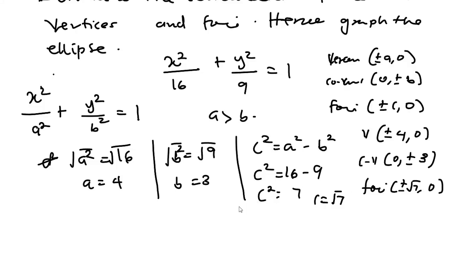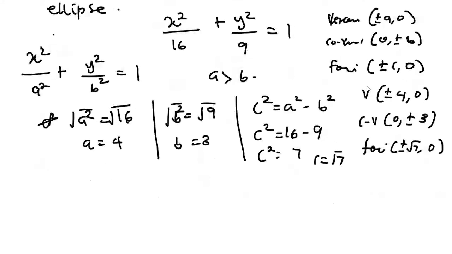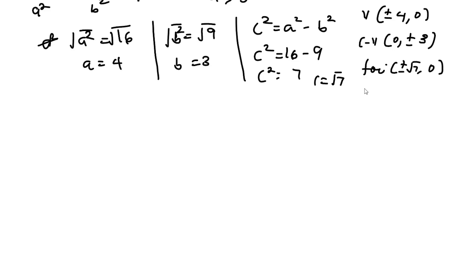And that is that. So to graph this with the help of this, now when it's in this form, always remember that the center is at the origin. So it means that we draw a Cartesian plane, our center will be at the origin. Now with these coordinates, we can easily graph our ellipse. The vertices are 4, 0 and also negative 4, 0.